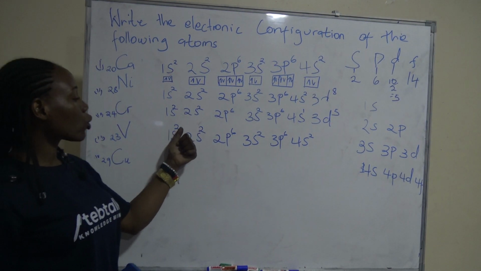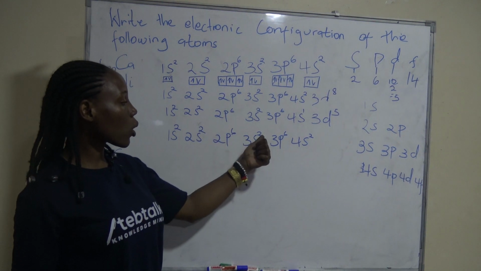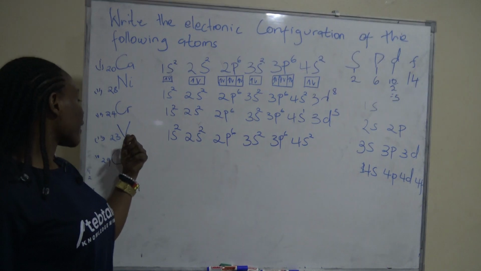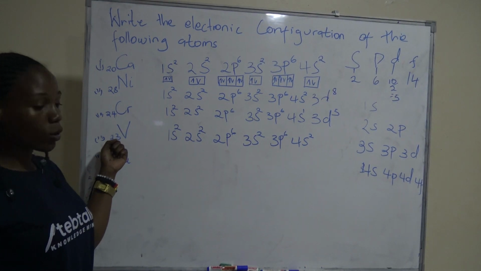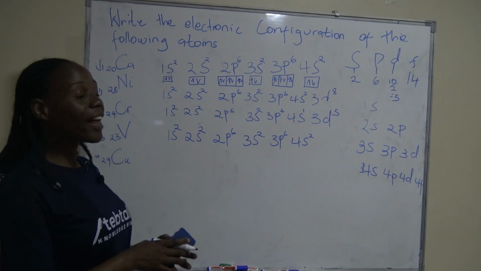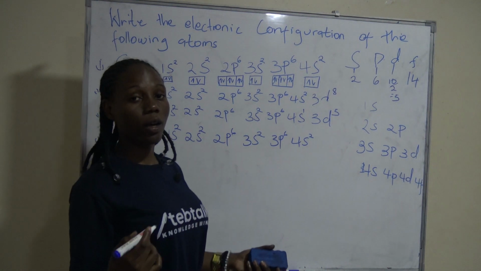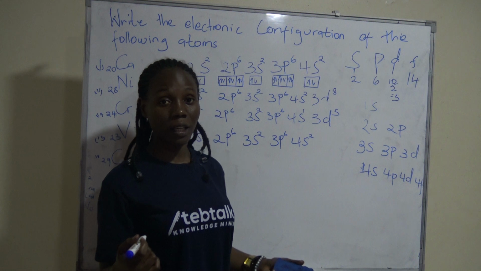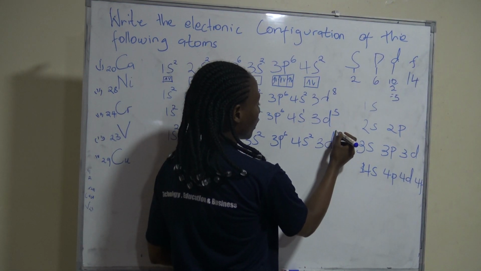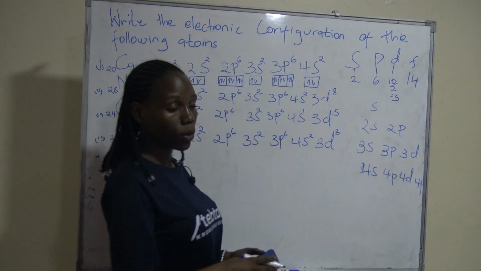We are having 2, 4, 10, 12, 18, and 20. Yet vanadium has 23 electrons, so the other remaining 3 electrons are those that are going to go in the 3d subshell. The balance is 3.